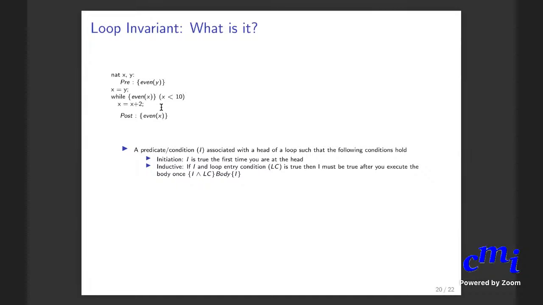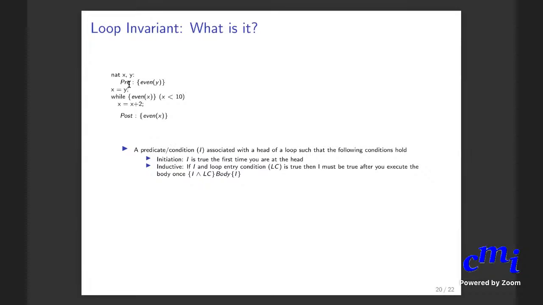If you propose a loop invariant, then you can reduce the problem of verifying a program with a loop into proving three verification conditions, each of which does not involve a loop.